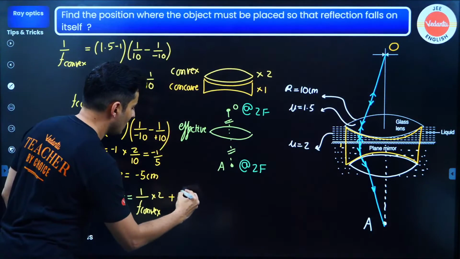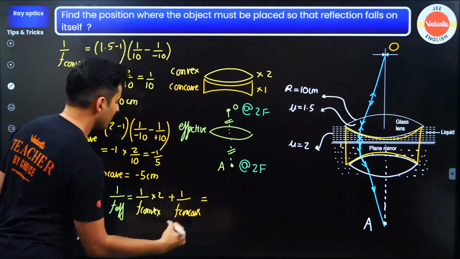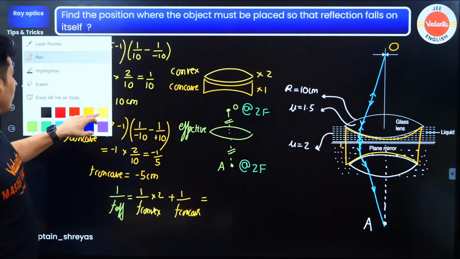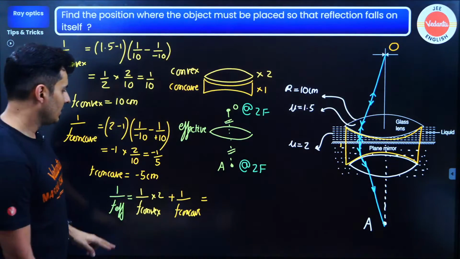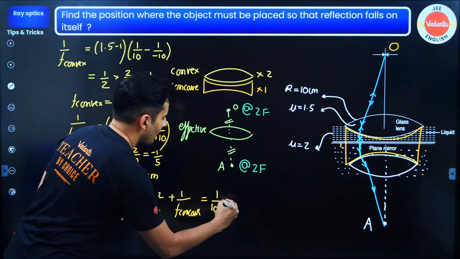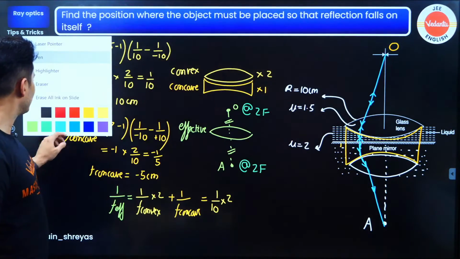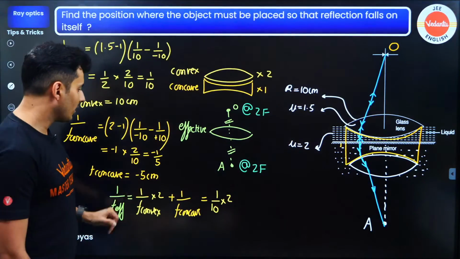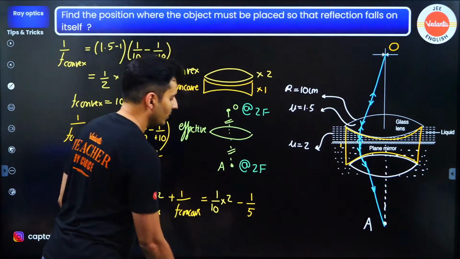Plus 1 by F of the concave. So let's see, what do we get? Convex is 10. So 1 by 10 into 2. And then we have the concave, which is 1 by minus 5. So minus 1 by 5 over here.